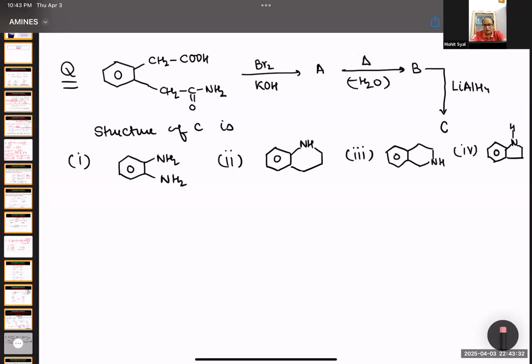And then from B to C, some reduction was carried out. So all the reactions which we discussed today are there in this question, right? So tell me, what is going to be the final answer?